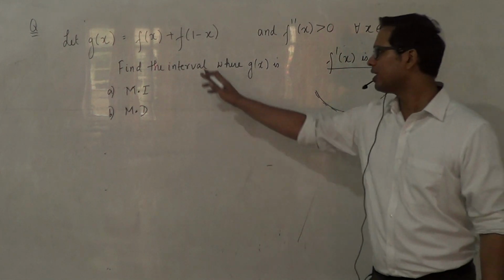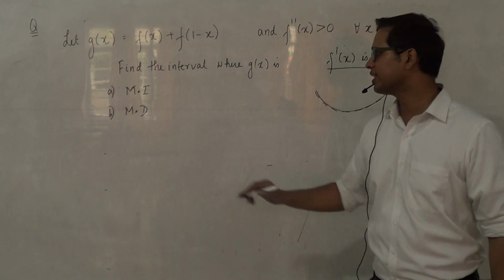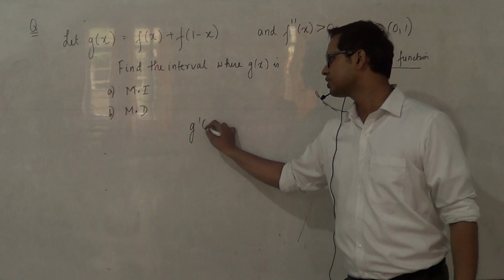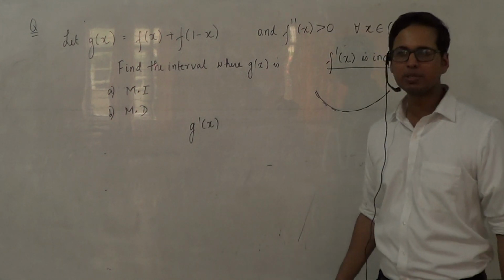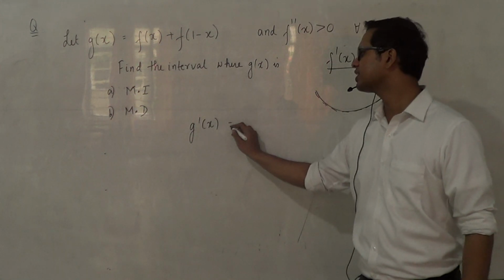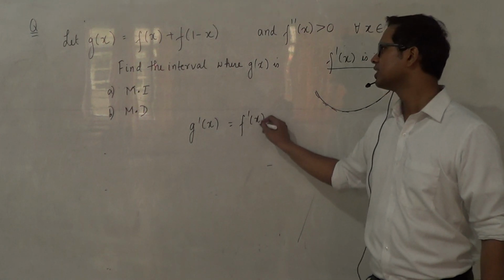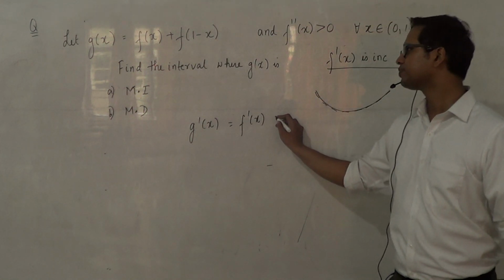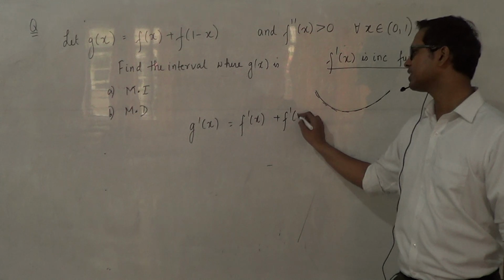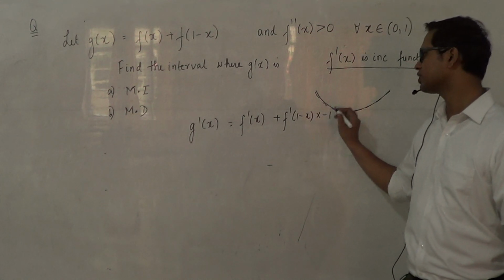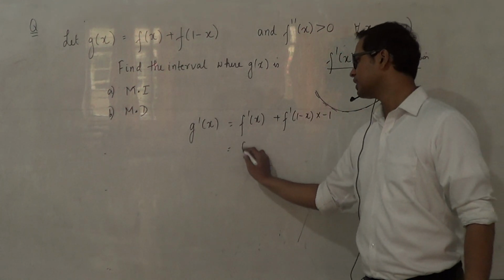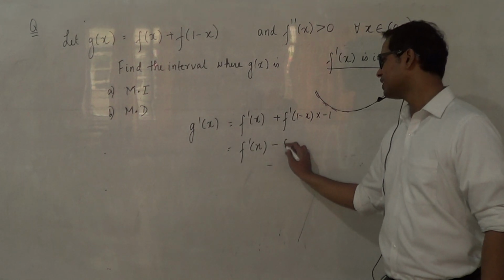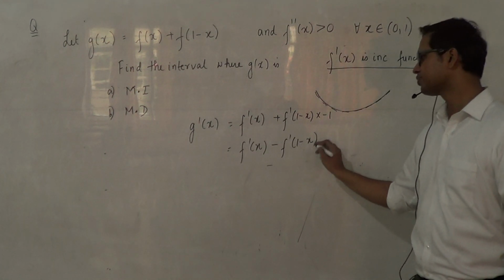Now, if I am inquiring about the nature of g of x, first of all I have to differentiate it, plain and simple. What is the derivative of g of x? f dash x. What is the derivative of f of 1 minus x? f dash 1 minus x times minus 1, correct? Which is f dash x minus f dash 1 minus x.